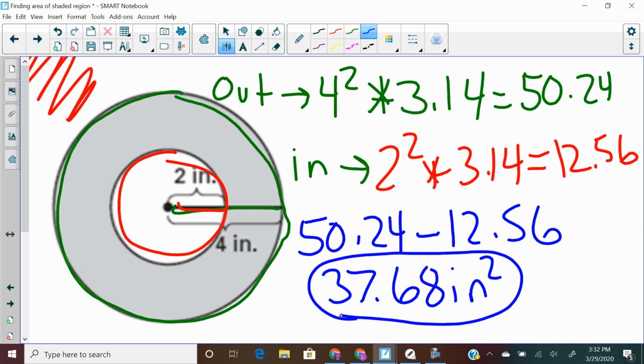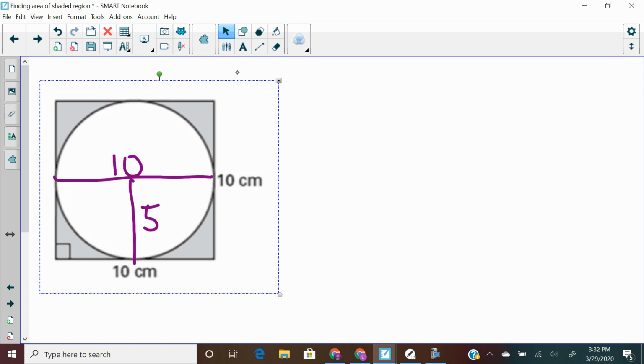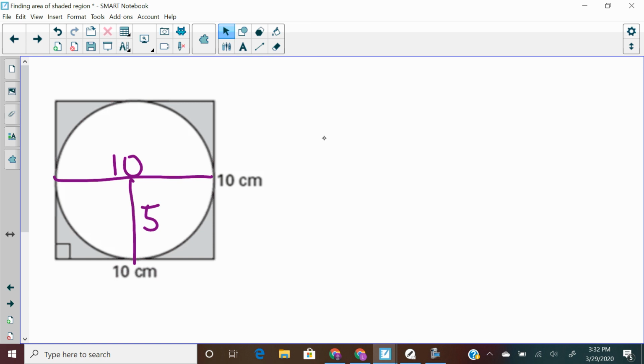So that was our first example. Let's do another example. The next example is a square with a circle inside. Because it's a square, I know that the diameter of my circle is 10, which means the radius of my circle must be 5, because 10 divided by 2 is 5. Again, I do the same process. I am going to find first the outside.